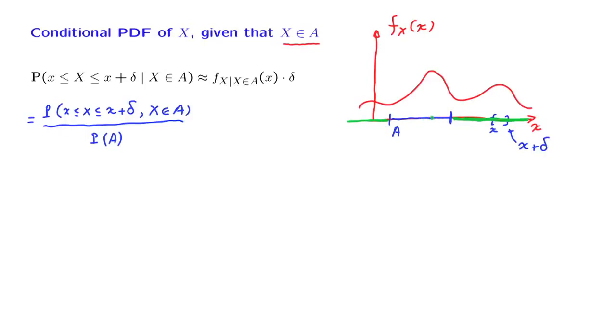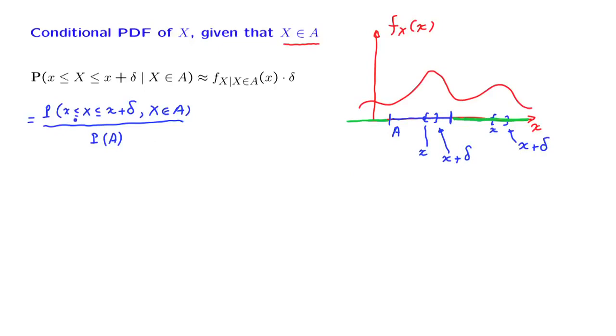Now the second case to consider is when little x lies somewhere inside here, inside the set A. And in that case, our little interval from little x to little x plus delta might have this form.